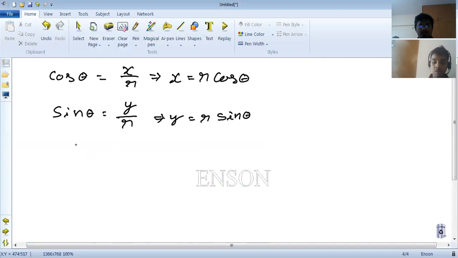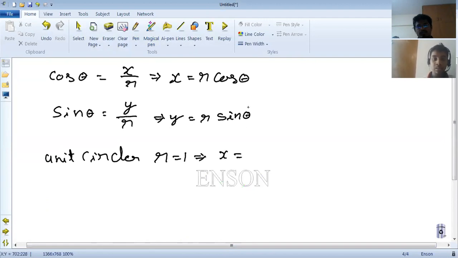But if you are taking a unit circle, unit circle means r is equal to 1, correct? So the values will become x is equal to cos theta, because the r value will become 1, and y will become sin theta.